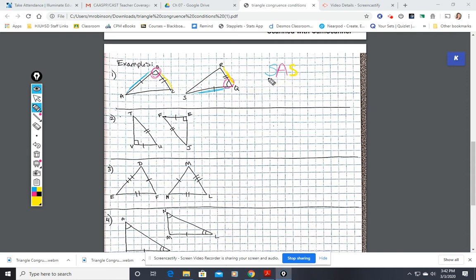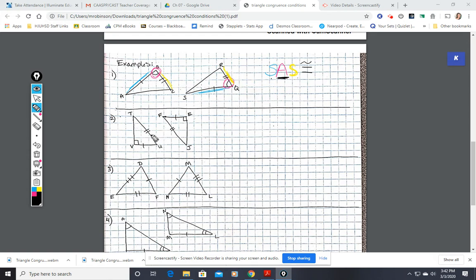Okay, so this is going to be side angle side. And you want to make sure that you don't forget your congruence symbol. So we're going to put that at the end. And the important part here is to notice that the angle that I'm talking about is touching both of the S's right here because in my picture the angle is physically touching both of the sides.